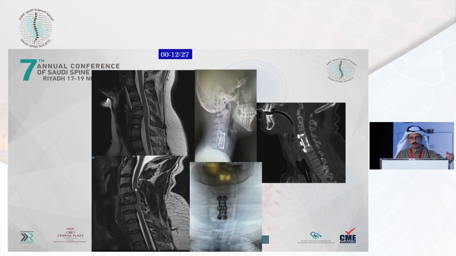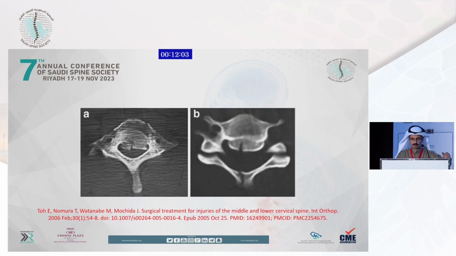On the other hand, below we can see a significantly unstable injury, which we can consider like stage 5, a teardrop with significant retrobulging and displacement of the fracture fragment into the spinal canal, causing significant mass effect. So we can appreciate here the range of neurological presentation, biomechanics and stability of the spine in these types.